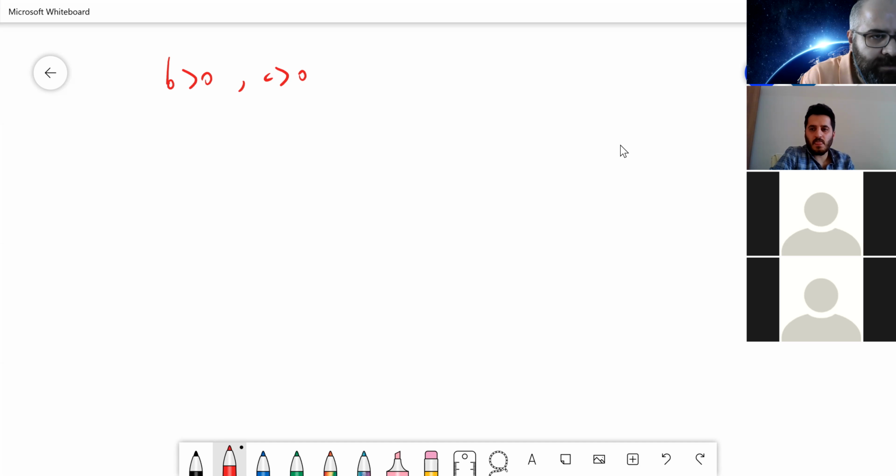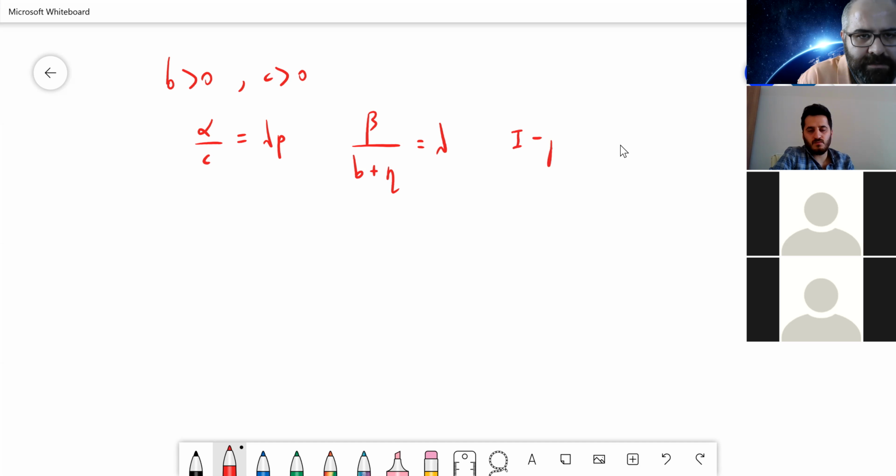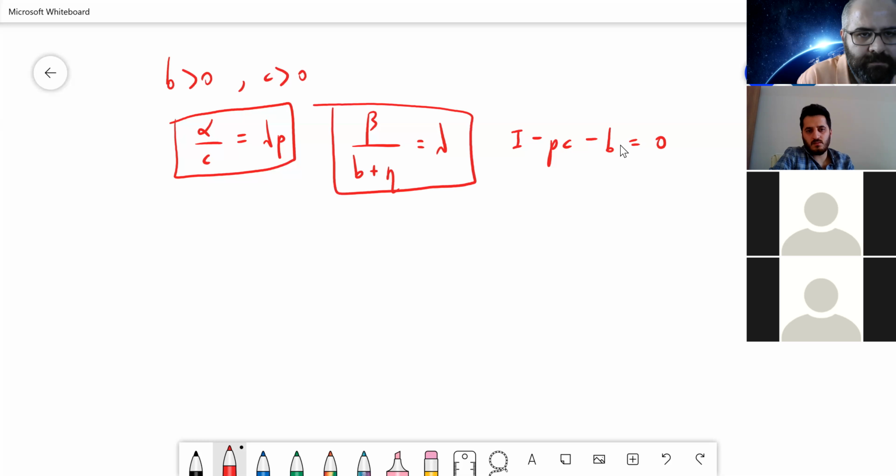So you have alpha divided by C equals lambda P, beta divided by B plus eta equals lambda, and I minus PC minus B equals 0. You have three equations, three unknowns. Okay? So how do you proceed?